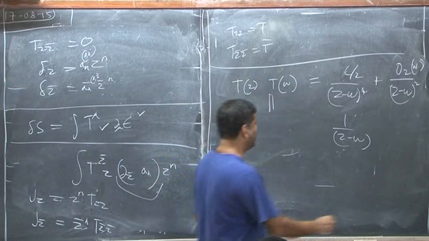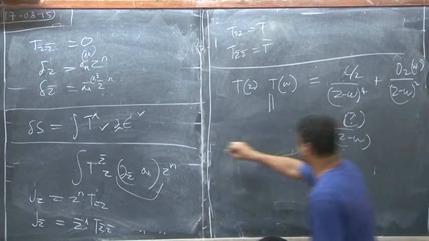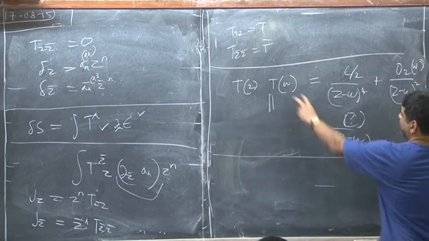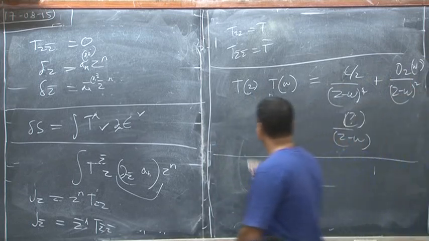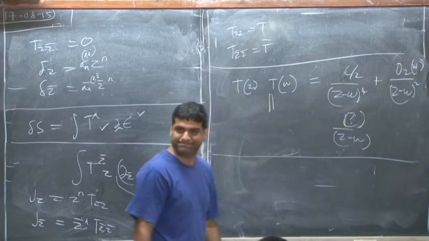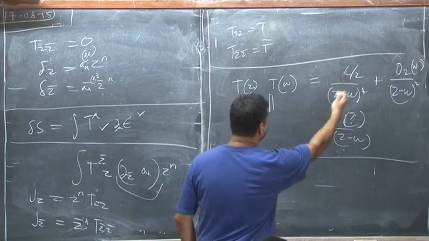Okay? So let's analyze this more carefully. Let's look at what we got from T(Z)T(W) expanding around W. We got this. What do we get when we expand around Z? Okay, when we expand around Z, we get the same thing, right?